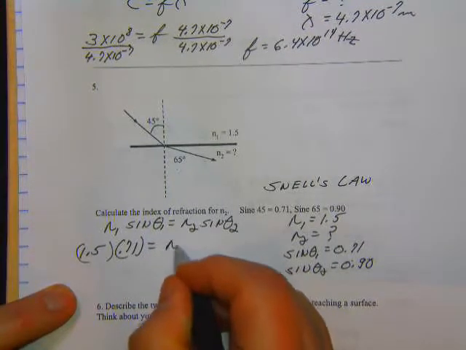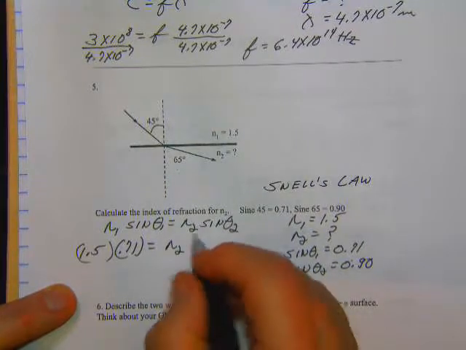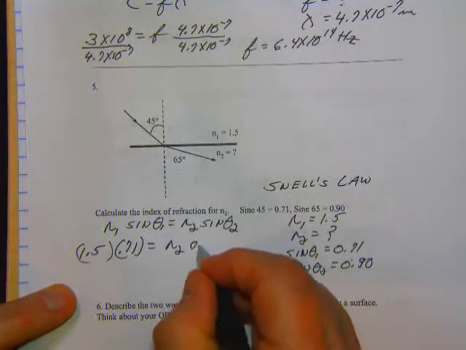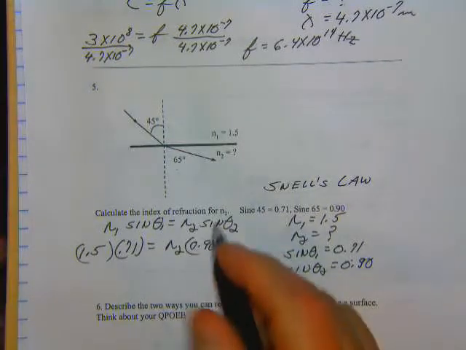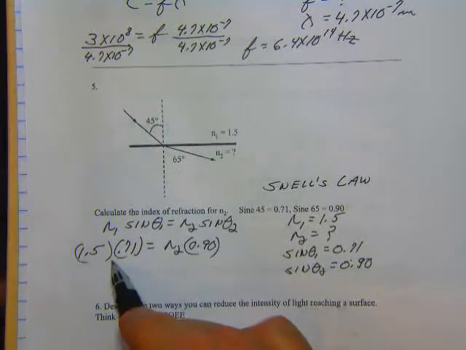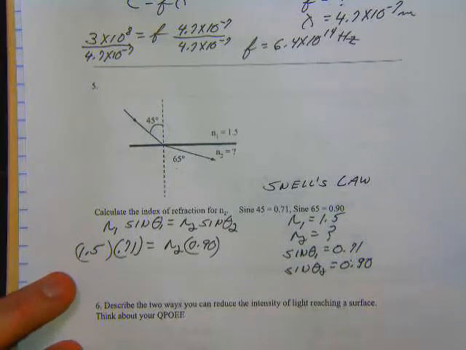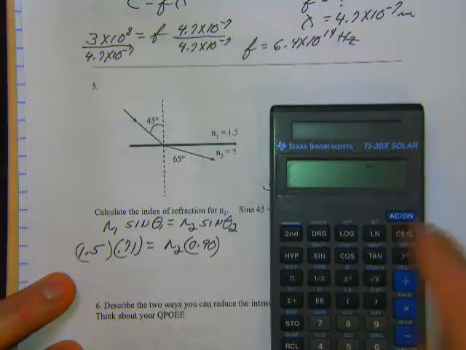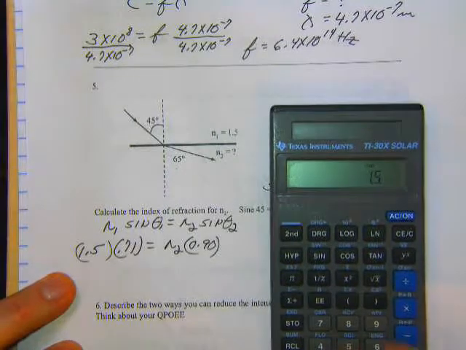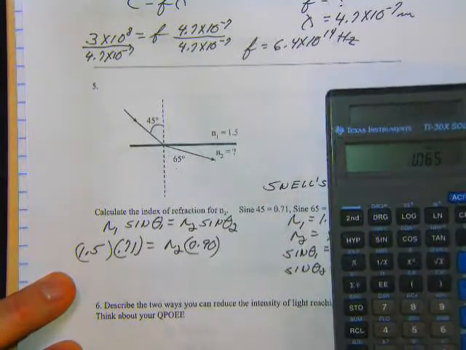We don't know N2, and sine 2 is 0.90. To find the answer, multiply these two and divide by this. So 1.5 times 0.71 equals about 1.07.